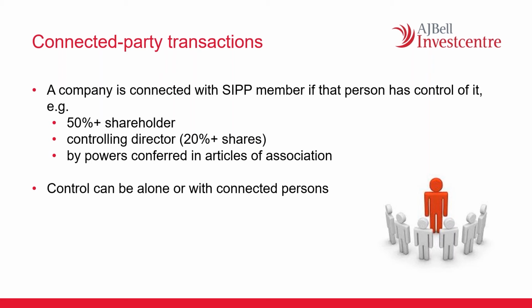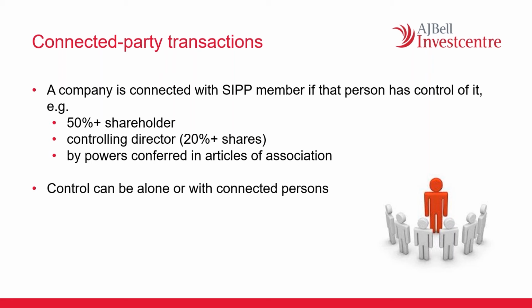Control can be defined in a number of ways. First of all, if you have 50% or more of the shares, you're instantly deemed to have control. Then controlling directors, somebody who is a director and owns 20% of the shares. But it is also important that we would normally have to look at the powers in the Articles of Association. So it's possible for people that don't meet either of the first two bullets.